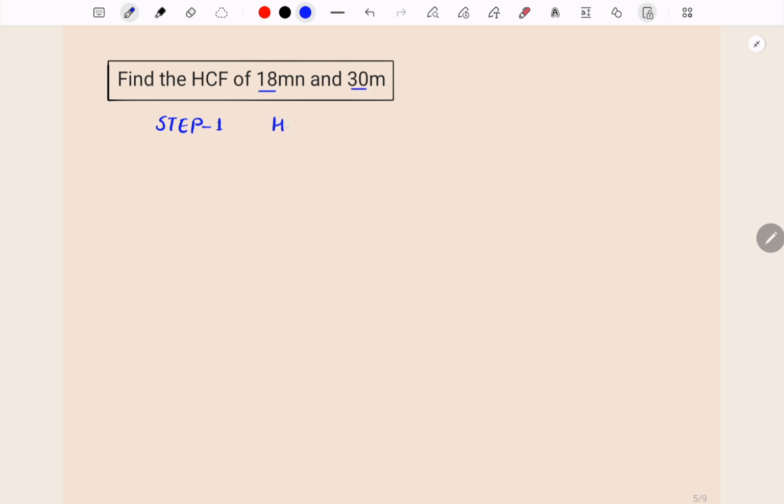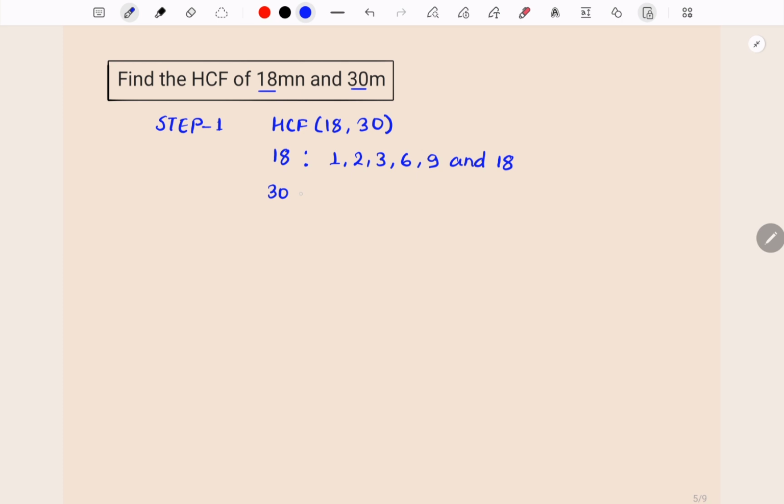So let's find the HCF of 18 and 30. To find the HCF, we need to list all the factors of 18 and 30. So let's start with the factors of 18. Factors of 18 are 1, 2, 3, 6, 9, and 18 itself.